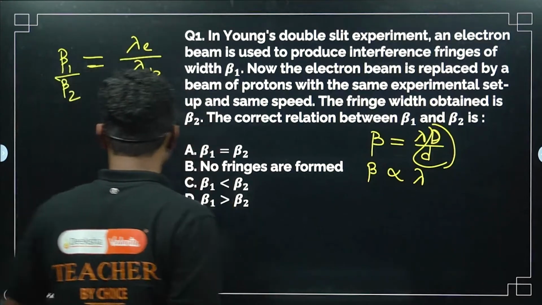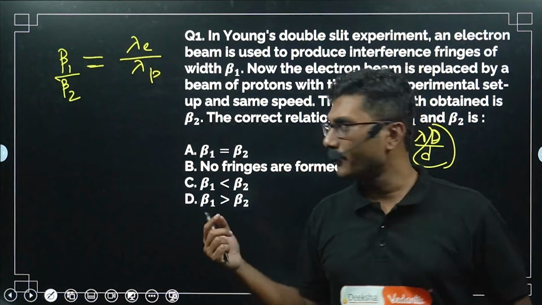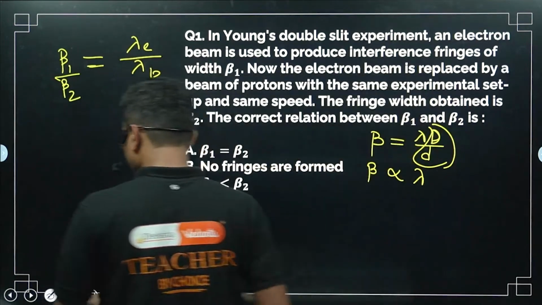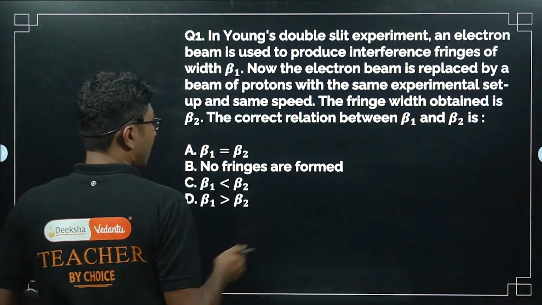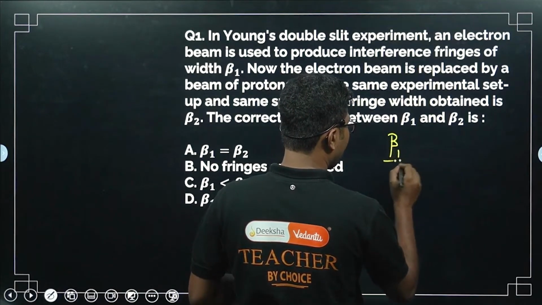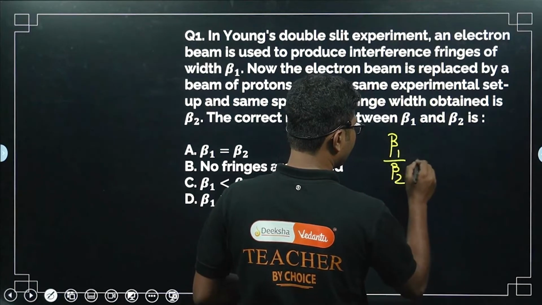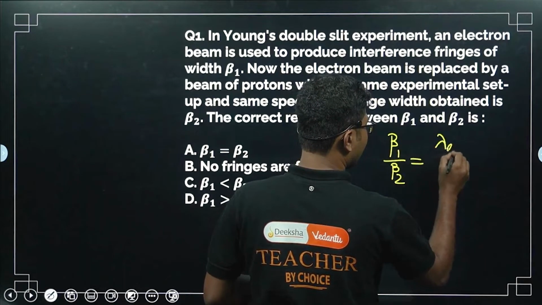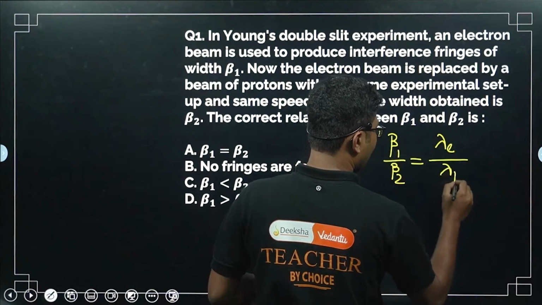This is the basic principle of ratio. Beta 1 divided by beta 2 equals lambda electron divided by lambda proton.